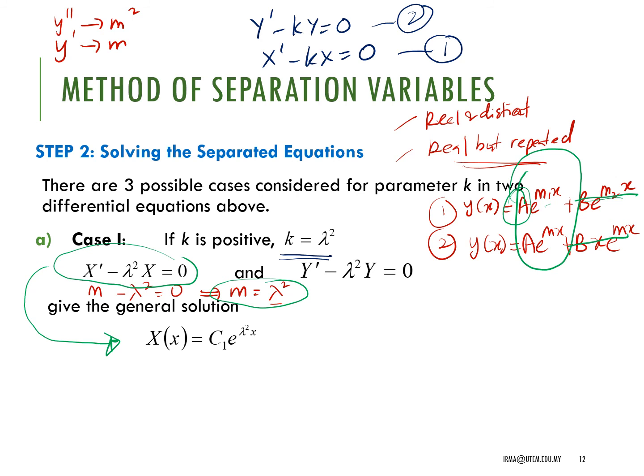You can actually use any constant, but because we have two equations, you cannot use the same constant. So I just put c, and then for this ordinary differential equation in y, you will get this as the solution: y equal to c2 exponent lambda squared y.